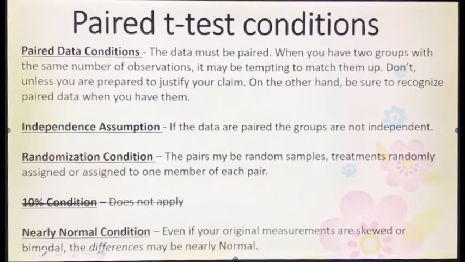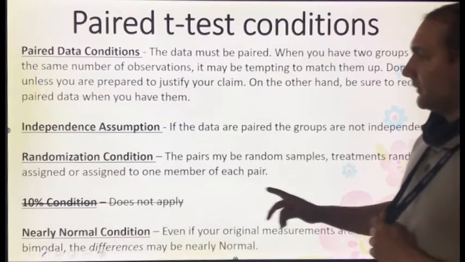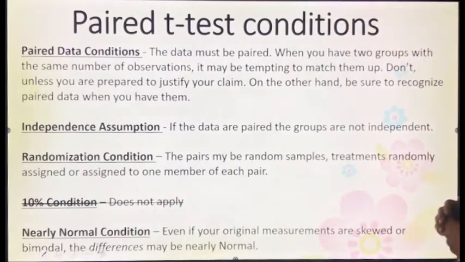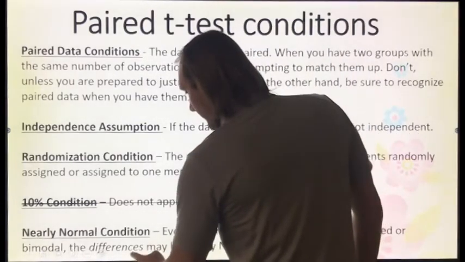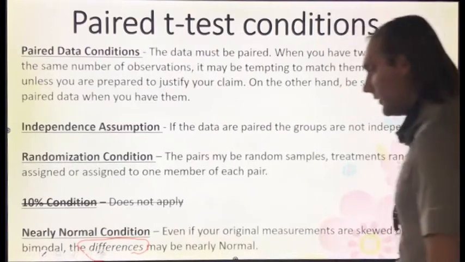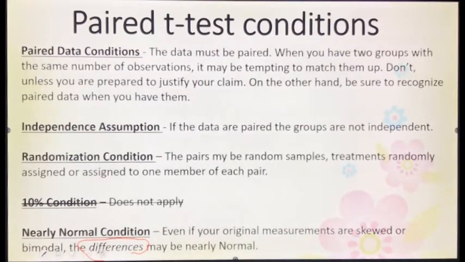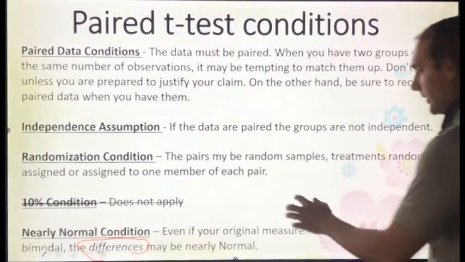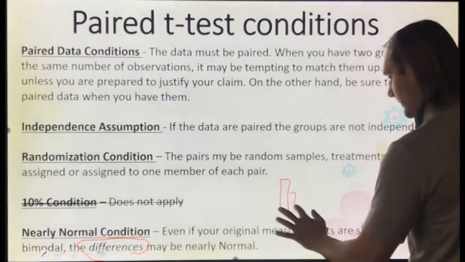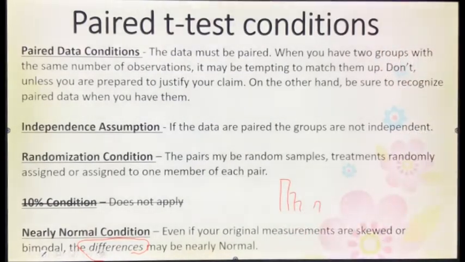Now, just like with the last t-test, since we're talking about small samples, we don't have to worry about the 10% condition. That's the same here for the paired t-test. And the nearly normal model. If your original measurements are skewed or bimodal, the differences, here's that word again, may be nearly normal. So say I were to run my test on how far I jump, and that data looks to be very much skewed.